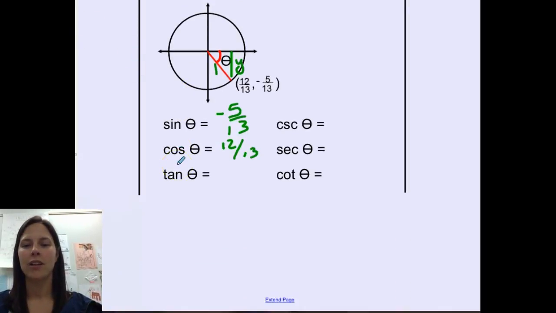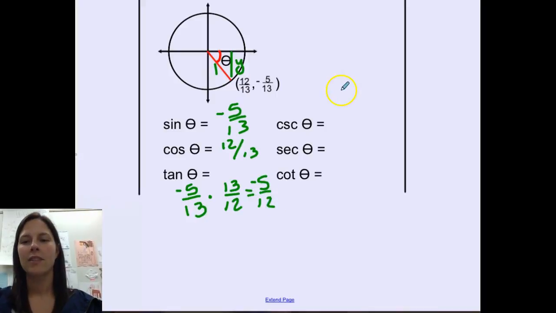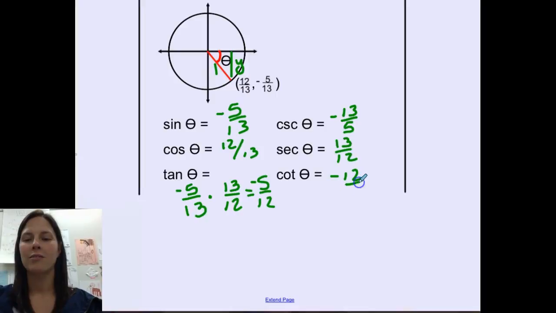So we've got a little bit of simplifying to do on this one. So y divided by x, meaning multiplied by the reciprocal of x. Those 13s cancel, we get negative 5/12. Cosecant is the reciprocal of sine, secant is the reciprocal of cosine, and cotangent is the reciprocal of tangent.